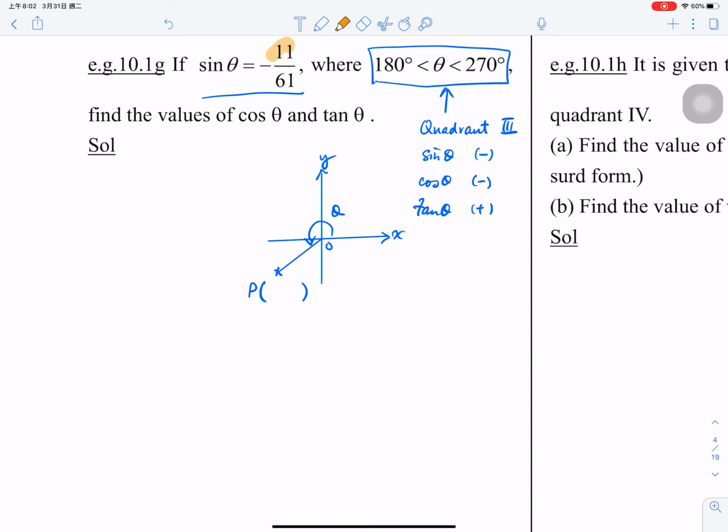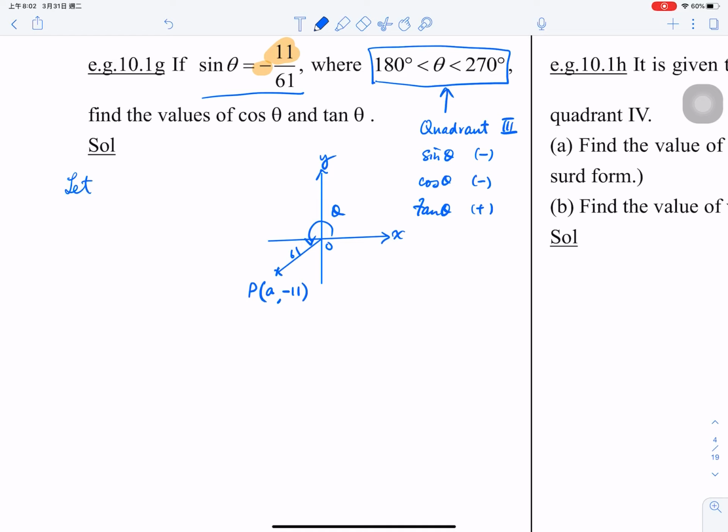So this one is 11, and 61 is the length of this, right? And 11 should take a negative sign because this is the y coordinate of the point P, and we don't know the value of the x coordinate. So you can write like this.